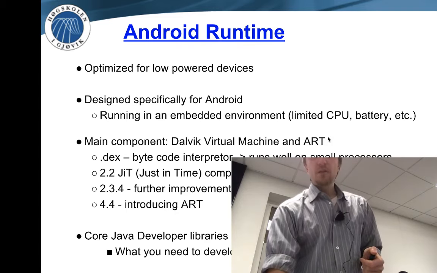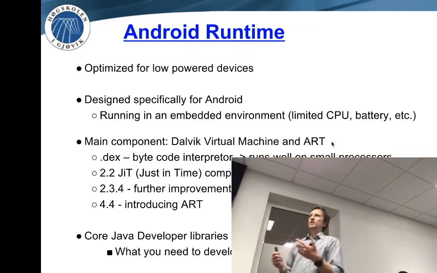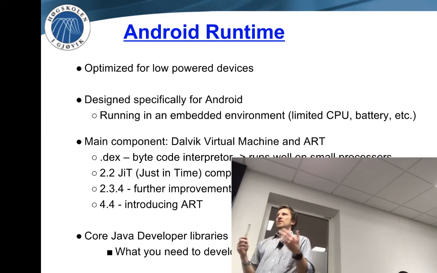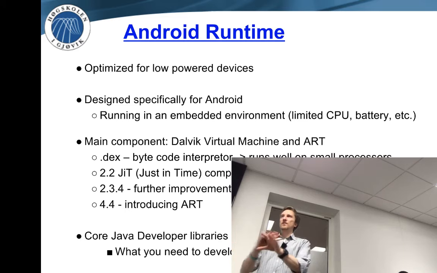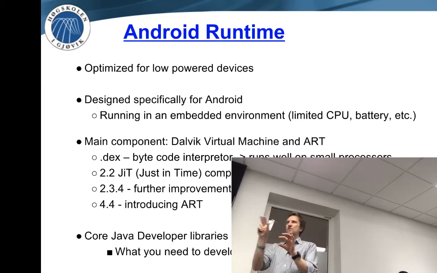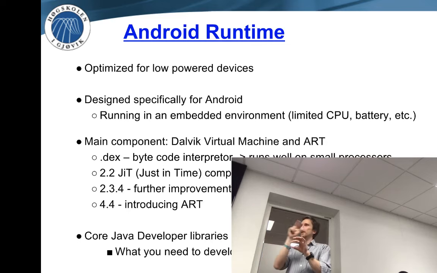Again, a side note, Google didn't develop Android from scratch either, right? So when they were deciding to do the platform, they said, okay, we need something for the hardware abstraction layer, let's use Linux. We need some VM technology, right?